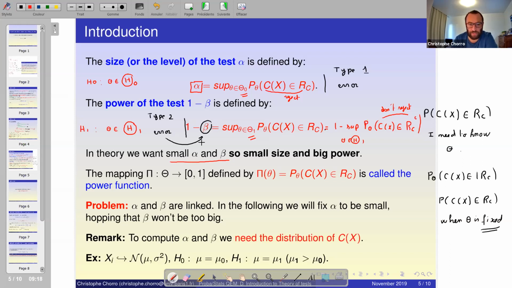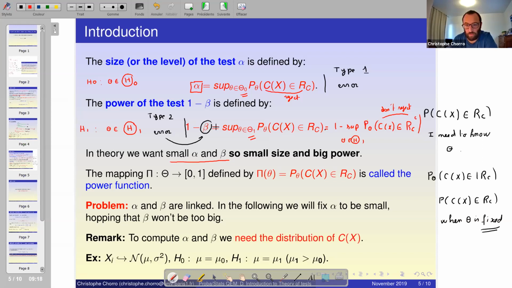So I repeat, I want alpha to be small because I want a small type 1 error. I also want a small type 2 error, and to say that I have a small type 2 error means a small beta.